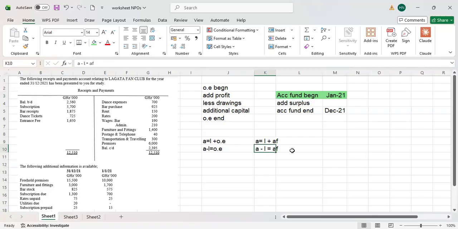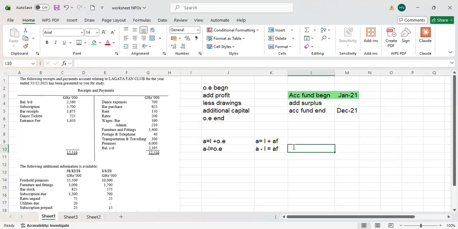We can use this for both the beginning and the end. It just depends on the dates. Once we get the beginning, we add our surplus to give us accumulated fund at the end.